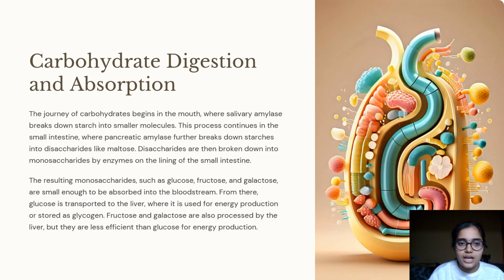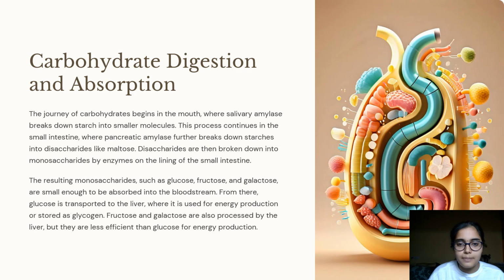Coming to carbohydrates, digestion and absorption. The journey of carbohydrates begins in the mouth, where salivary enzymes break down starch into smaller molecules. This process continues in the small intestine, where pancreatic enzymes further break down starches into disaccharides like maltose.